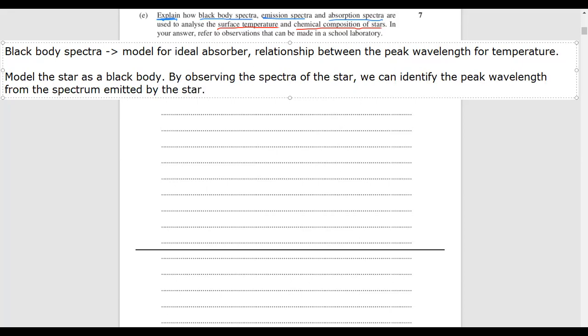Okay. So we basically take the light from the star, we spread it out, we get a spectrogram, and then we'll get the spectra of the star and the one with the highest intensity of the peak wavelength. Okay, so with that in mind, if we have the peak wavelengths, then we can use Wien's law.